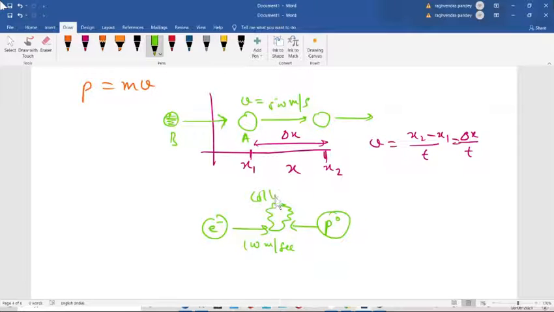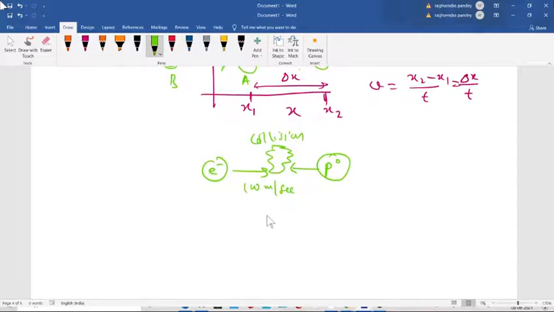What will happen? The electron velocity will somewhat decrease. The electron velocity is now 90 meters per second, because they are colliding in opposite directions. So its velocity decreases. I'm just giving an example. Its velocity will change, position will change, everything will change.